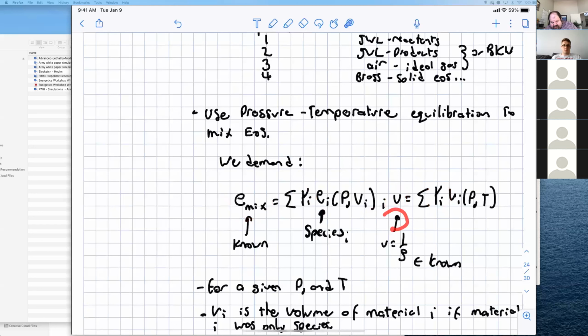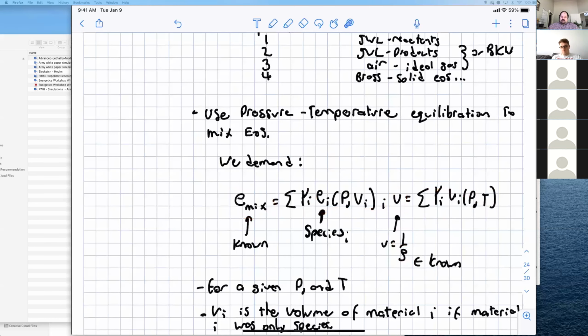And you do know the specific volume of the mixture because, through conservation of mass, you know the density. So you use the equation of state for your guess pressure and temperature, compute the specific volume for all of the different materials, then multiply them by y_i and sum them up. You know the pressure and temperature is correct if this sum is equal to the specific volume of the mixture, and the other sum is equal to the internal energy of the mixture.